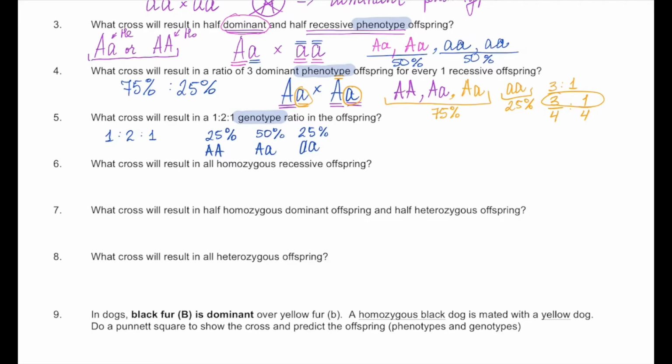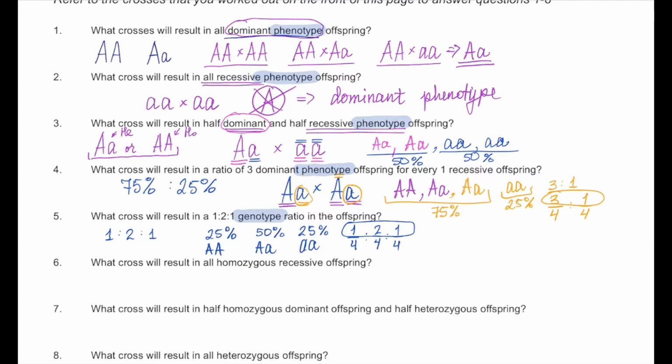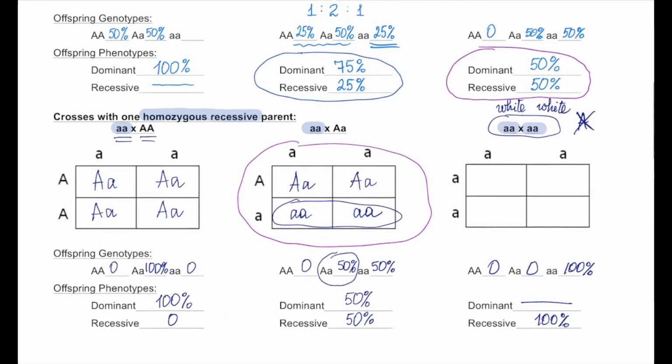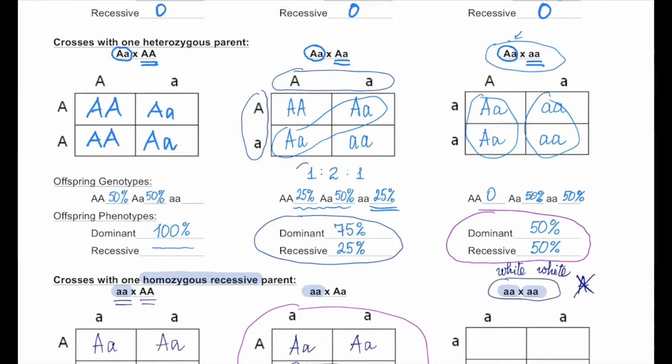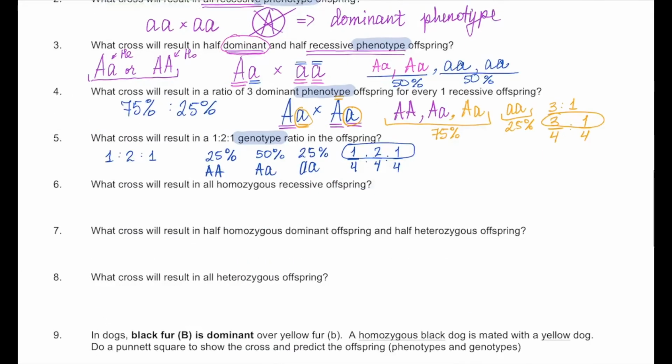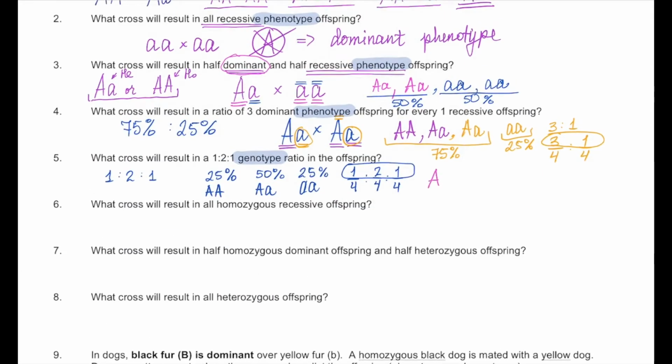Again, how do they come up with this 1-to-2-to-1? 25% is 1/4, 50% is 2/4, and again, 25% is 1/4. So that's your 1-to-2-to-1. So which cross would give us this? If you remember, I even wrote it that way, 1-to-2-to-1. So it's heterozygous on heterozygous. So here's your answer. Heterozygous on heterozygous. That will give you 25% to 50% to another 25%.